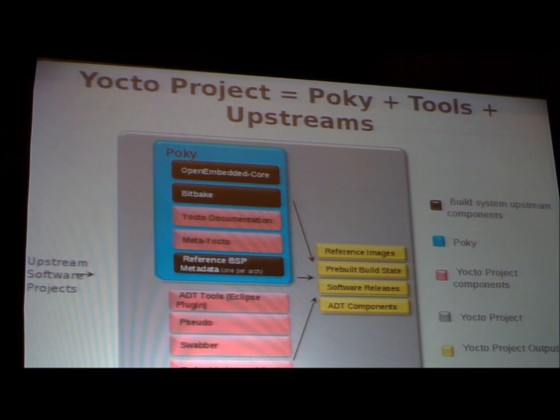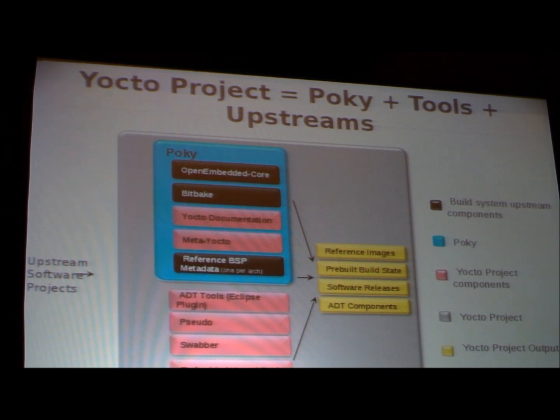OpenEmbedded core provides QEMU targets for the five core targets: x86, x86-64, MIPS, PowerPC, and ARM. The reference BSPs are like BeagleBoard, the MIPS Router Station, an MPC, and I don't remember the number, for PowerPC, and then an Atom board for the Intel platform.